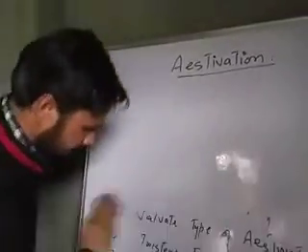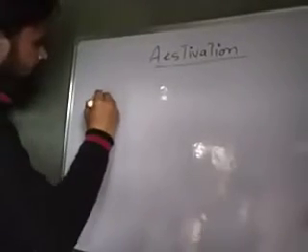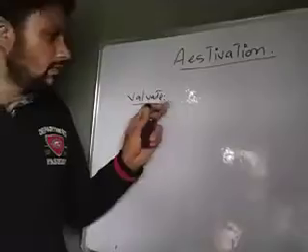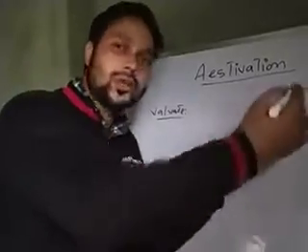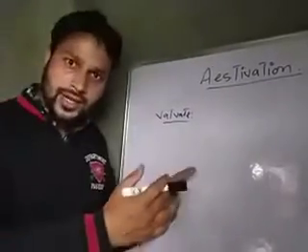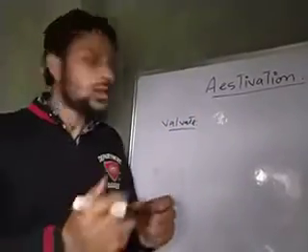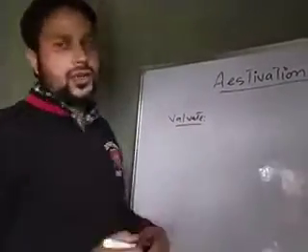Now we take valvate type of aestivation. What is valvate type of aestivation? It is that arrangement of sepals or petals or perianth wherein the sepals or petals do not overlap one another, but the margins of these appendages touch each other.